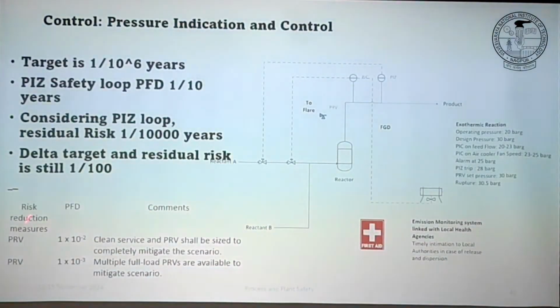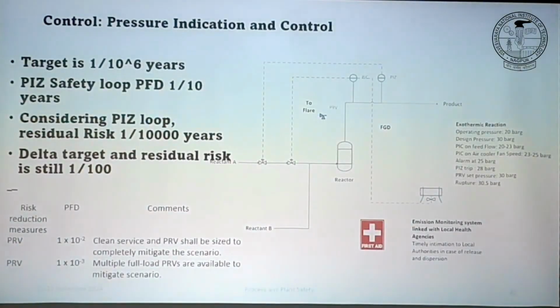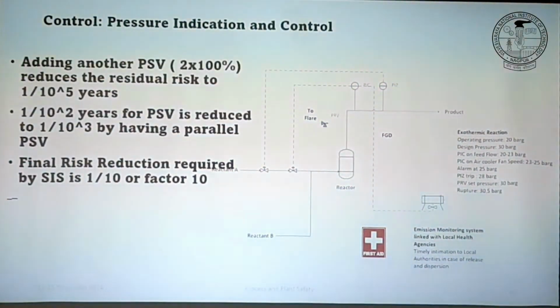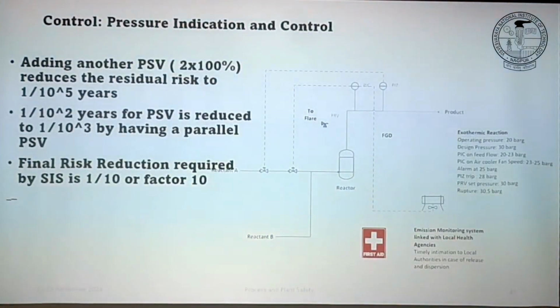Right. Then we had a pressure safety valve. So that's also an independent layer. Now we have one safety valve, and we can say it can fail 1 in every 100 years, right? But if I install 2, then the combined probability will be 1 in 10,000 years.